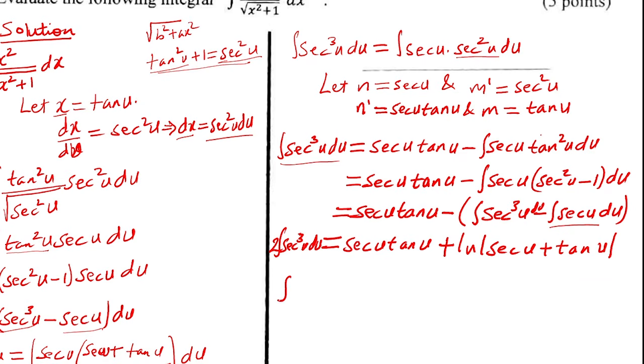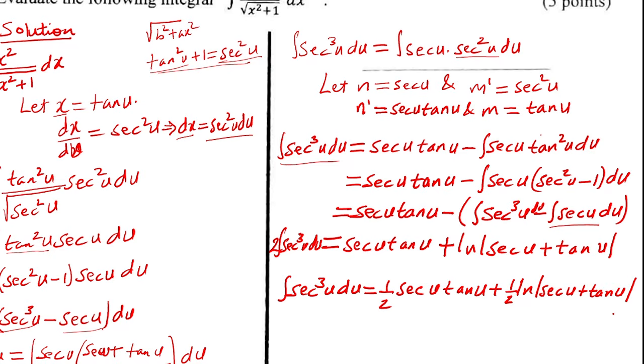This implies the integral of sec cubed u du is equal to 1 over 2 sec u tan u plus 1 over 2 ln of the absolute value of sec u plus tan u. Indefinite integral, finally plus some constant c.